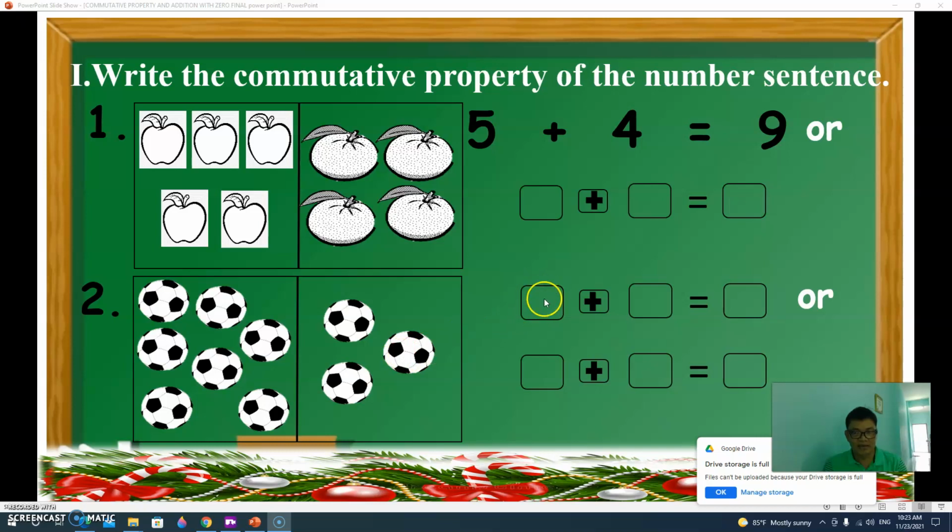So 7 plus 3 equals 10, or 3 plus how many? 7. So 3 plus 7 equals 10. So the same answer.